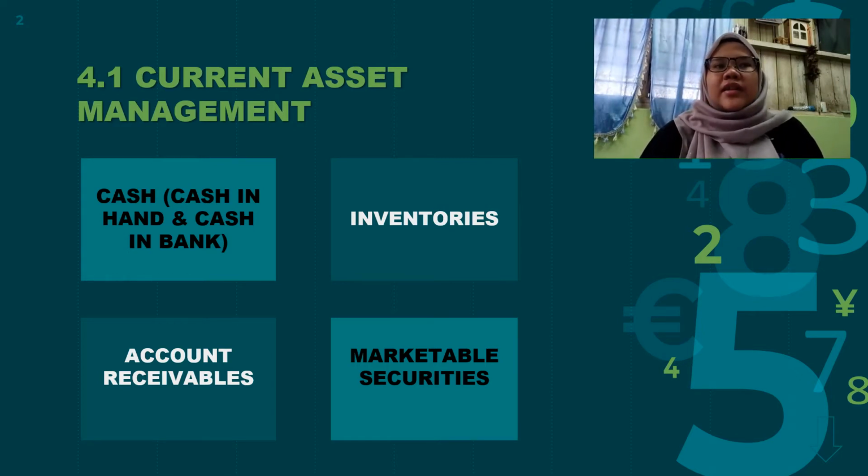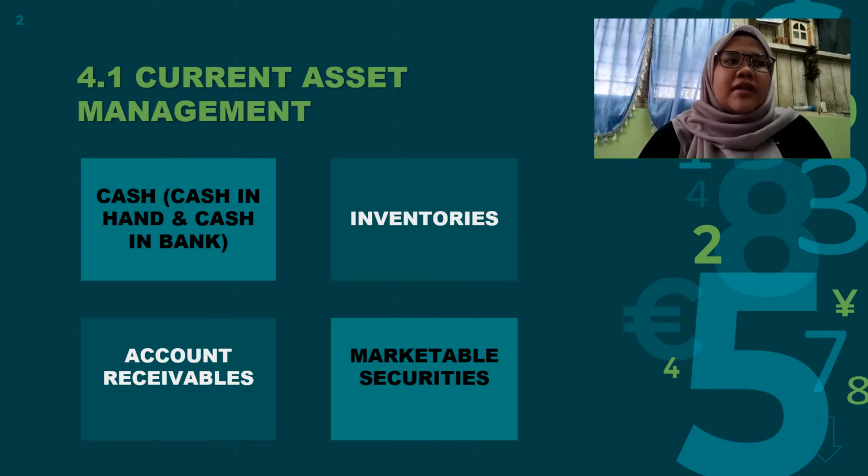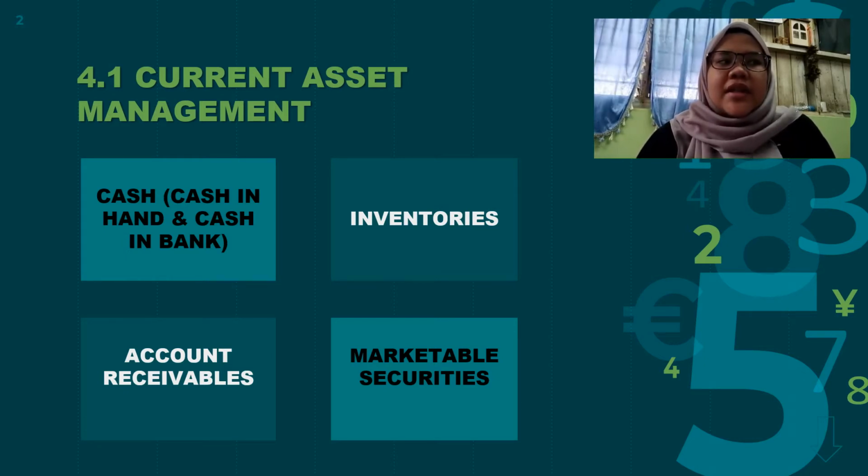Cash in hand is payment for goods and services in cash rather than by check or other means. Cash in bank is the sum of all currency and other restricted liquid fund that have been placed or deposited with a financial institution.